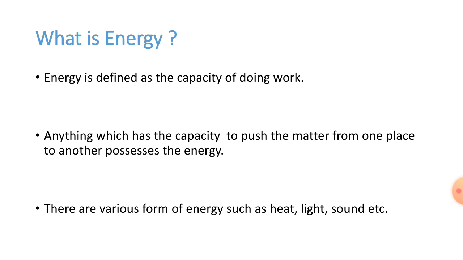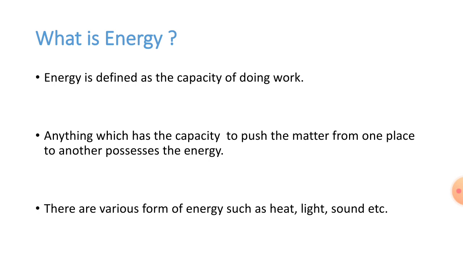The next point is, anything which has the capacity to push matter from one place to another possesses energy. Anything which has the ability to push and displace things from one place to another, we can say that particular matter or substance or living thing has a particular amount of energy.